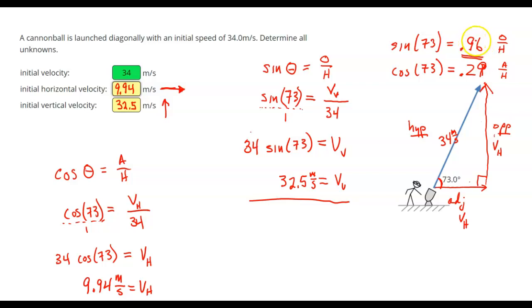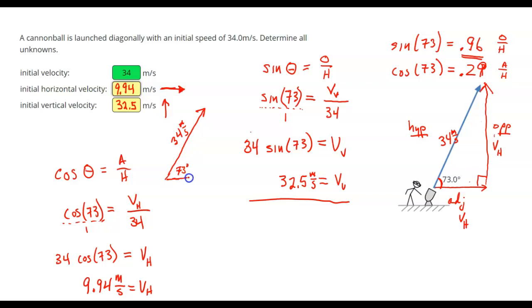Okay, and then once we have this, we can solve the problems fairly easily, right? We know this portion of the velocity is going to be affected by gravity. This portion is not going to be affected by gravity. So you want to think of this as a triangle. The initial velocity coming out of the cannon is 34 meters per second. It came out at an angle of 73 degrees above the horizontal.